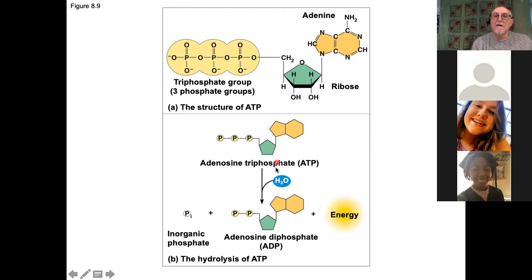Here it is here. When it is broken down, when it's catabolized, the triphosphate breaks here and leaves us with ADP, 1, 2 phosphates and the adenosine there. There's adenosine diphosphate. Here's the phosphate group, but most importantly, here's the energy.